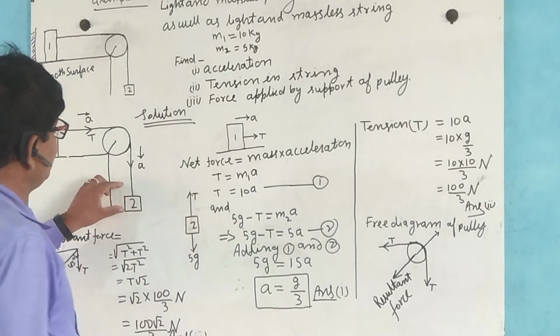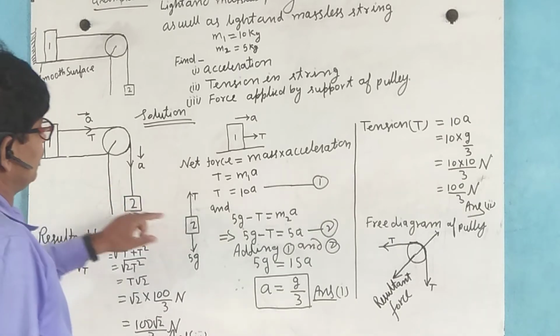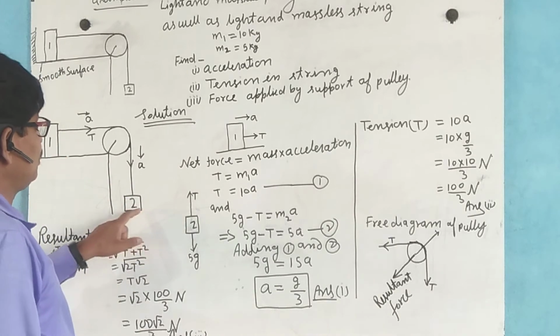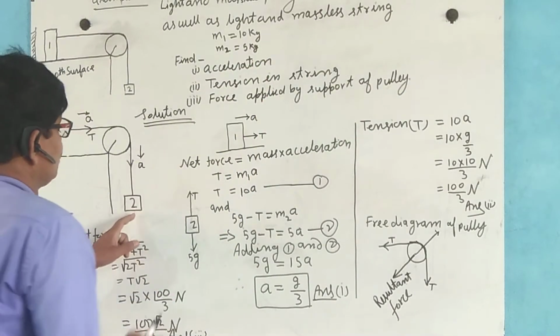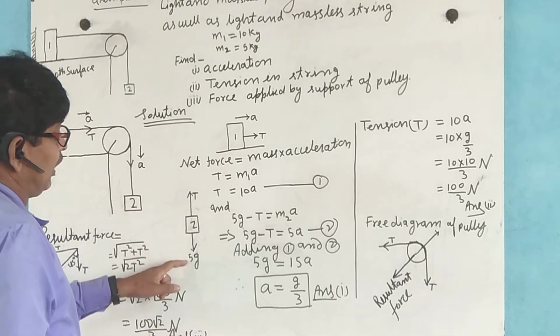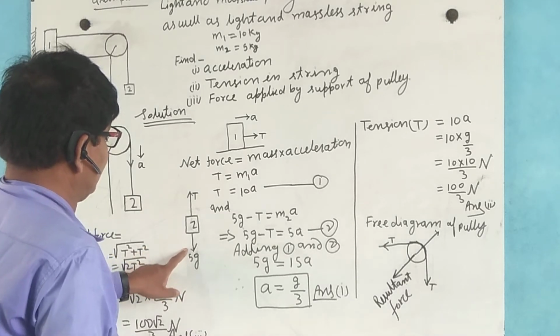And now we take the mass 2 here. This is free body diagram 2. Its mass is 5 kg, so the weight is downward, 5g.